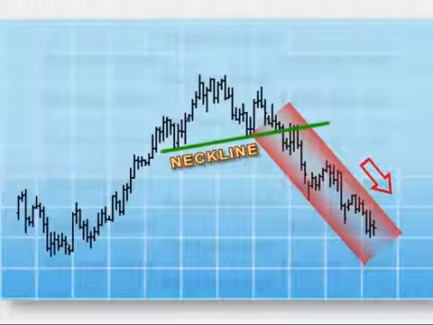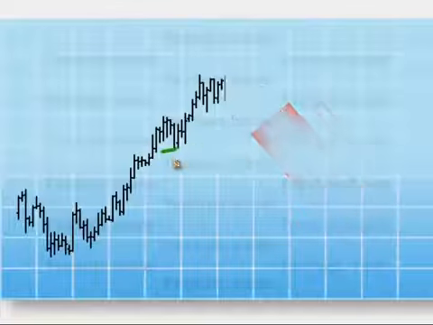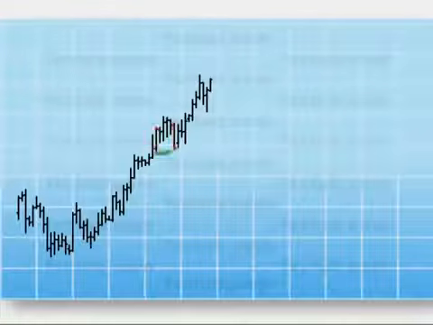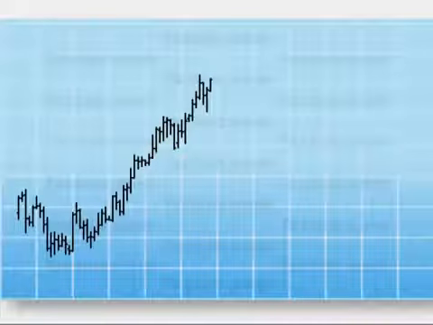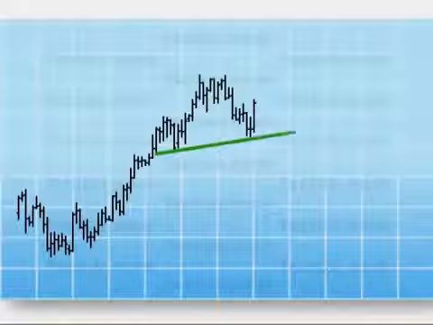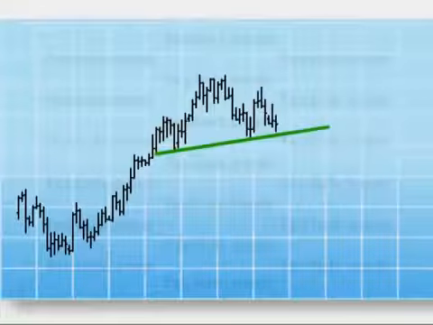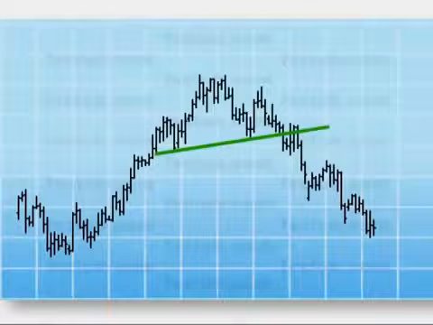Sometimes the neckline can be plotted immediately after the left shoulder has taken shape, but usually we need to see the head before we can plot the neckline with confidence. More often than not, the right shoulder is similar in appearance to the left. This repetition of shape and patterns is the key to chart analysis.